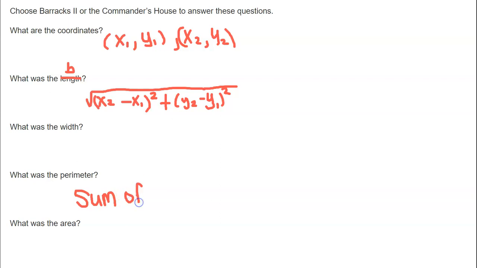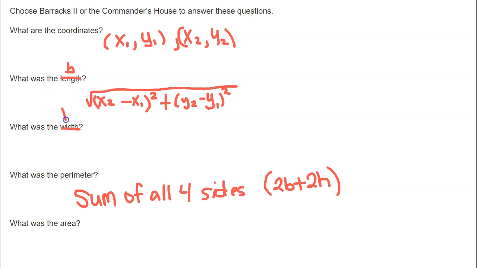So an easy way to think of that is 2 times the base plus 2 times the height.